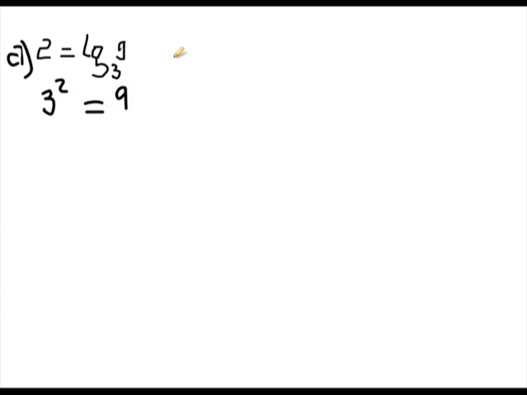That's another way to write this in the form of an exponent: 3 to the power of 2 equals 9, or the same thing, 9 equals 3 to the power of 2. That's another way to write a logarithm, whatever the logarithm, in the form of an exponent.